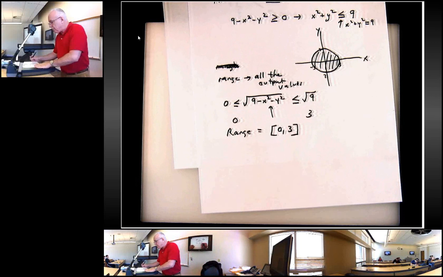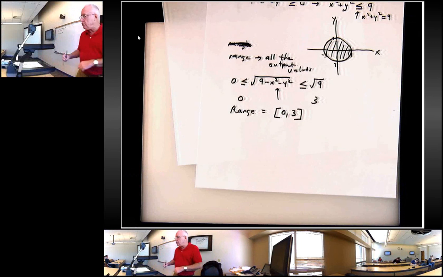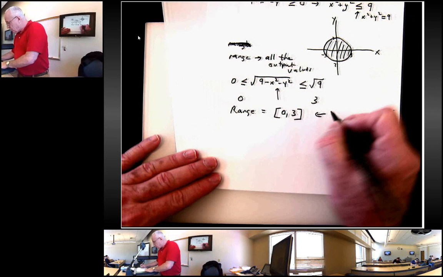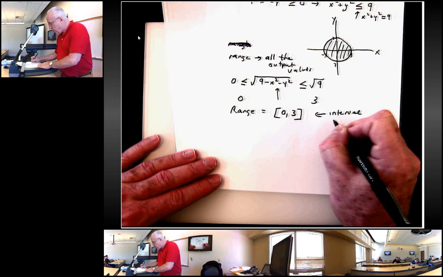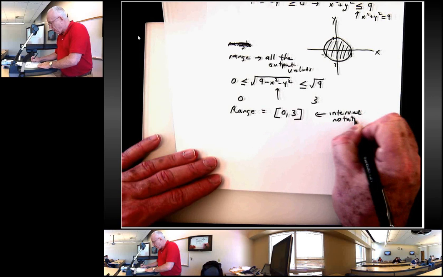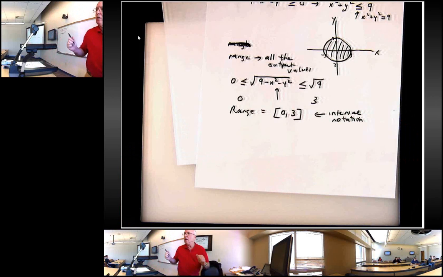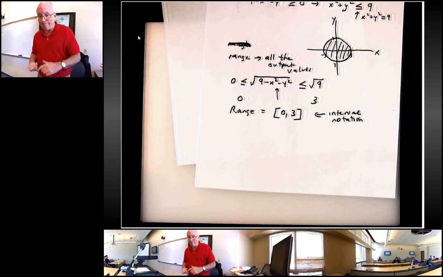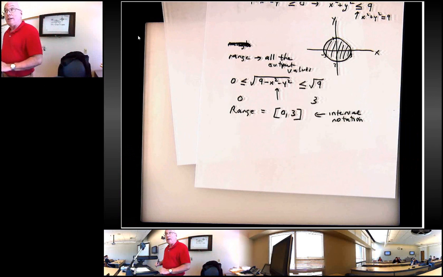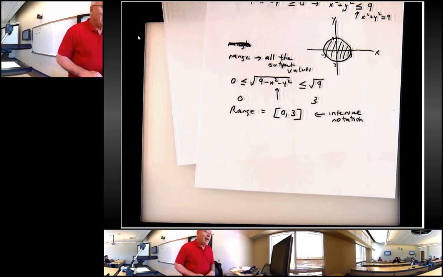So it's going to be, using interval notation, from 0 to 3 with brackets around them. Okay, we kind of see how I got the range that this function has.